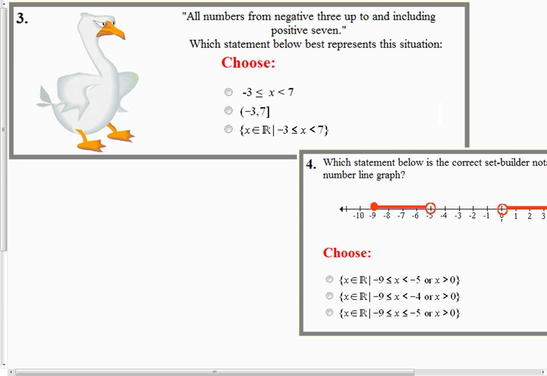We're just looking at number 3. All numbers from -3 up to and including +7. There's only one of these that works. Out of these 3, which one goes along with that sentence?